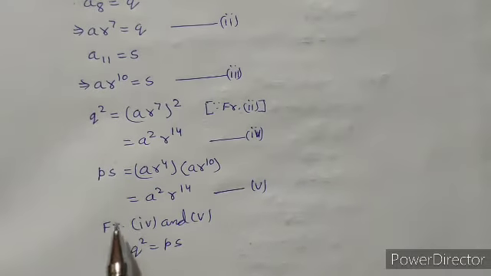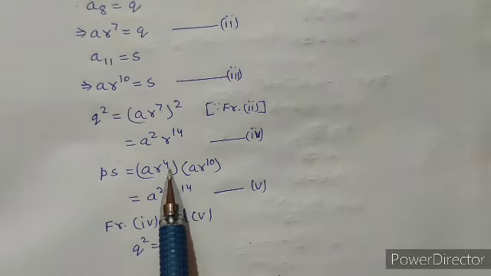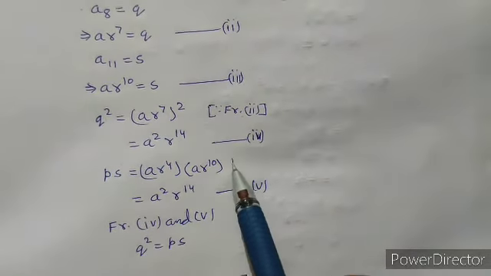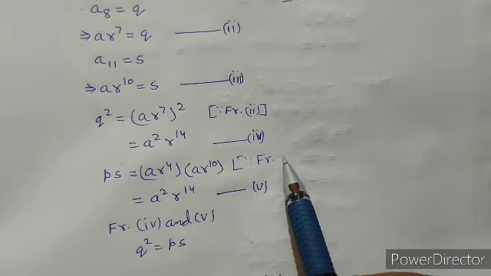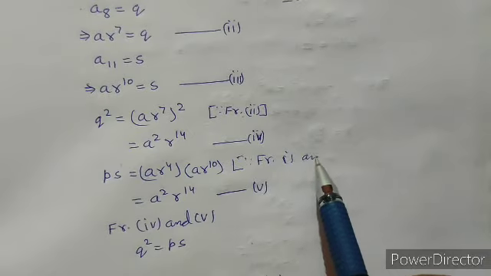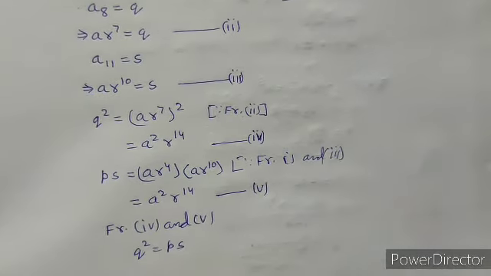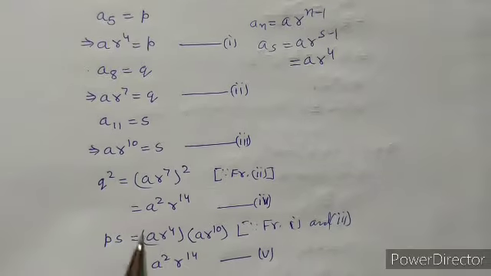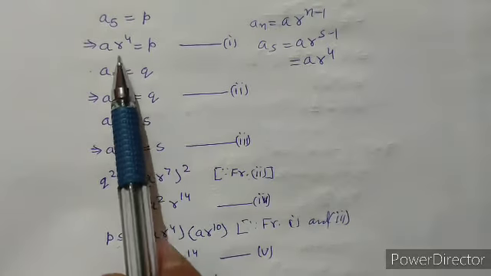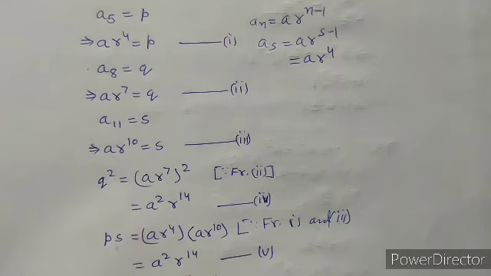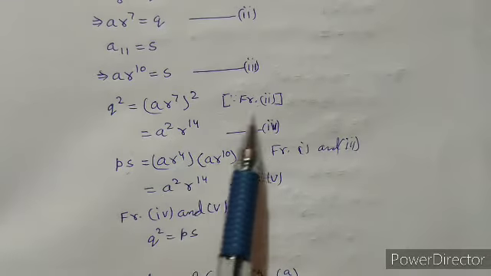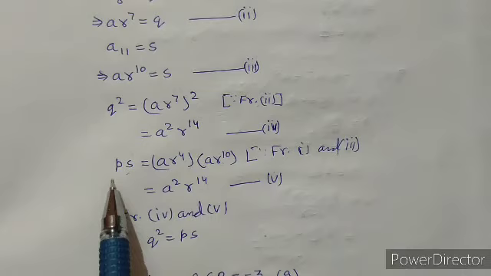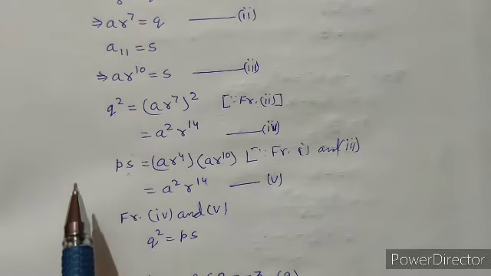Now PS will be equal to A R raised to power 4 into A R raised to power 10, from equation 1st and 3rd, as in equation 1st P is equal to A R raised to power 4, and in equation 3rd S is equal to A R raised to power 10, and that will be equal to A square R raised to power 14. So from equation 4th and 5th we can say that Q square is equal to PS.